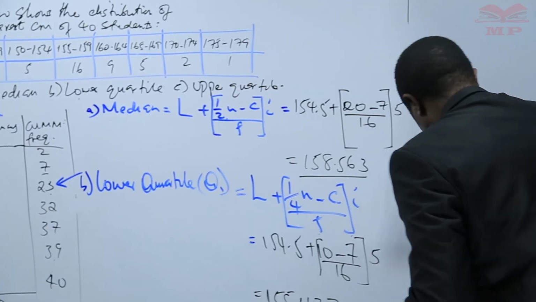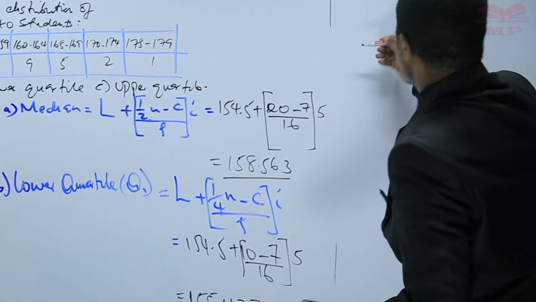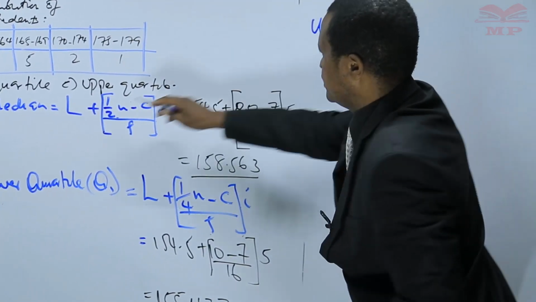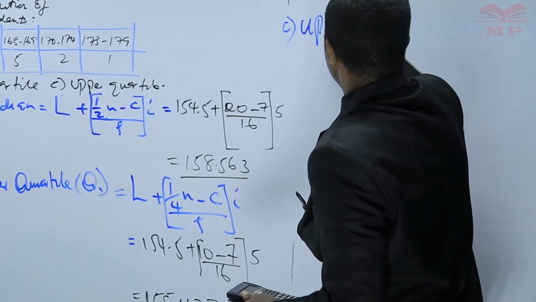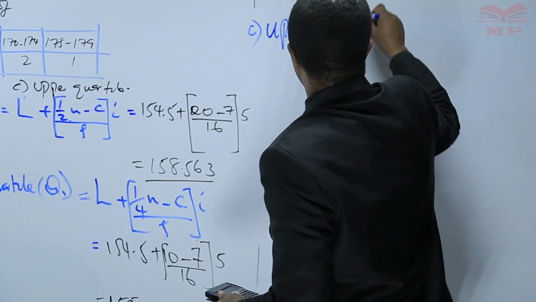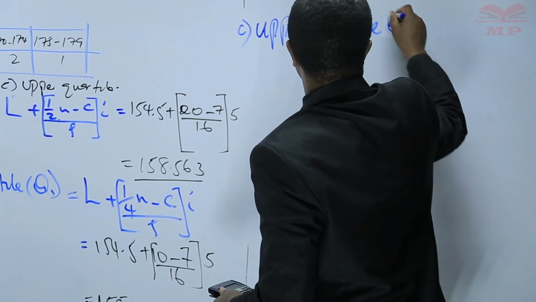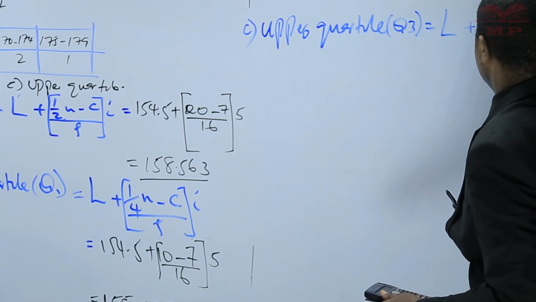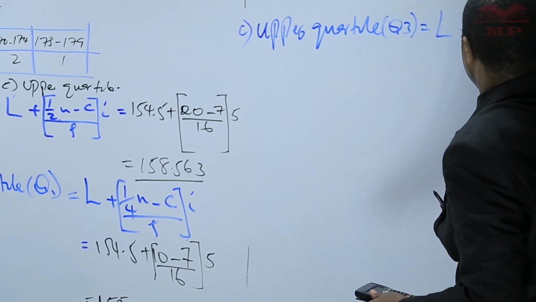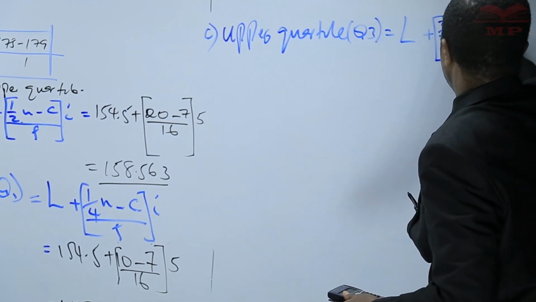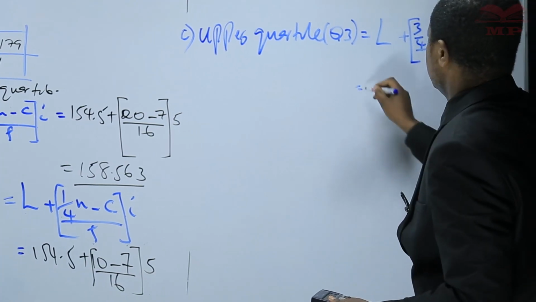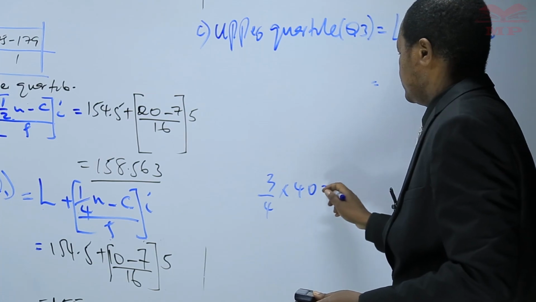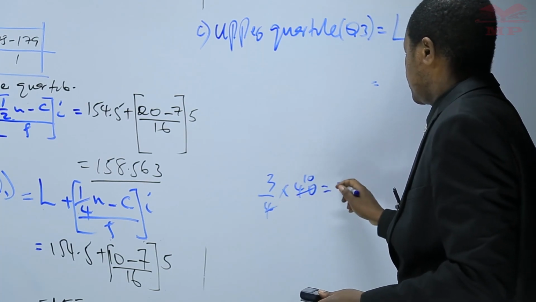Part C, the upper quartile, Q3, is equal to the lower class boundary plus (3 over 4 n minus C) over F, times I. So first we calculate 3 over 4 times 40, which is equal to 30.